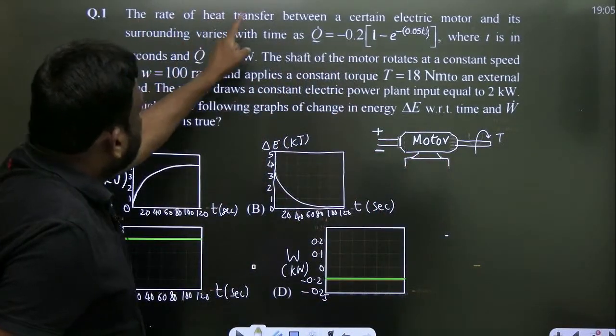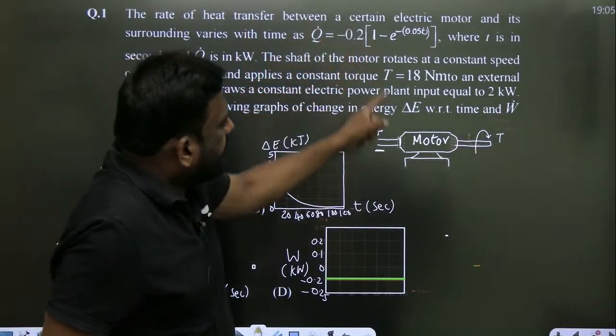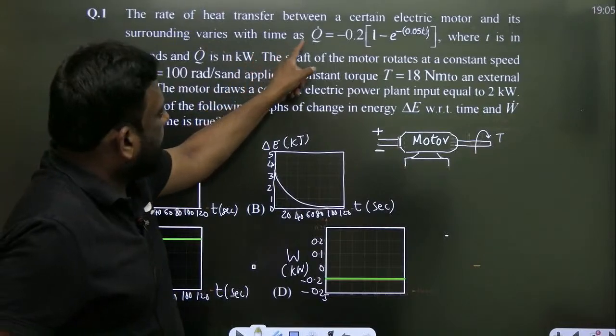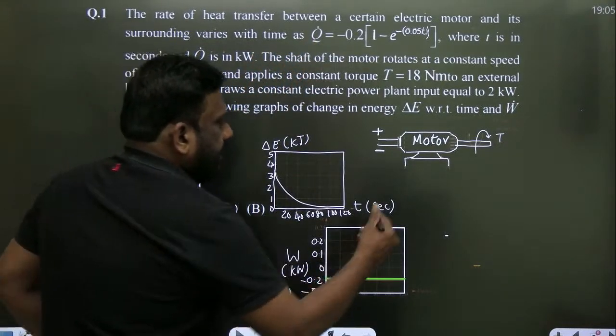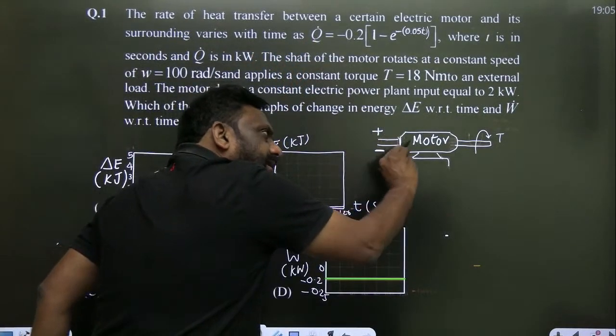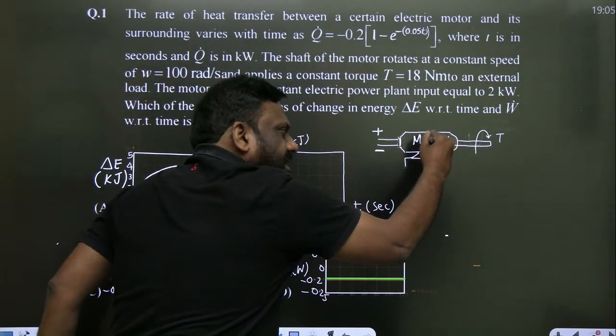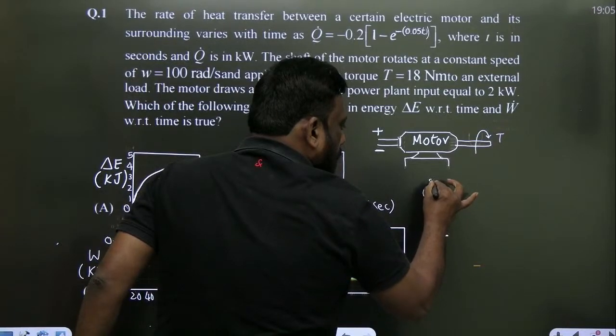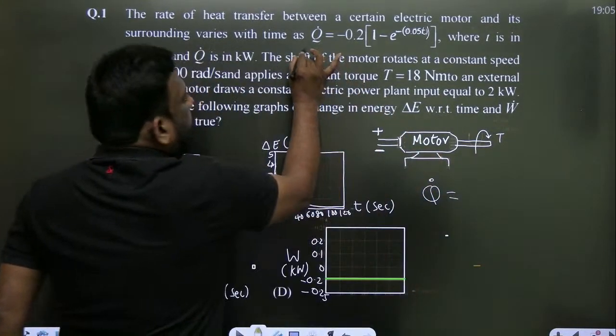The rate of heat transfer between an electric motor and its surrounding varies as given. The electrical current is passed through this so that this motor is losing some heat, given as Q dot. Here there is a dot, he has given the rate.